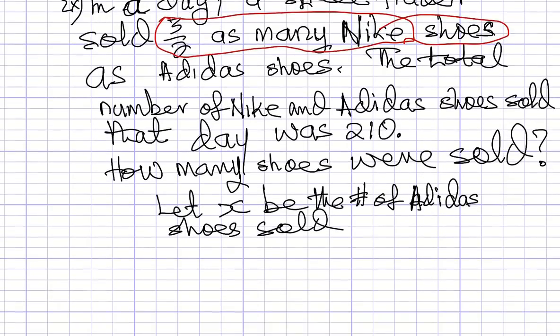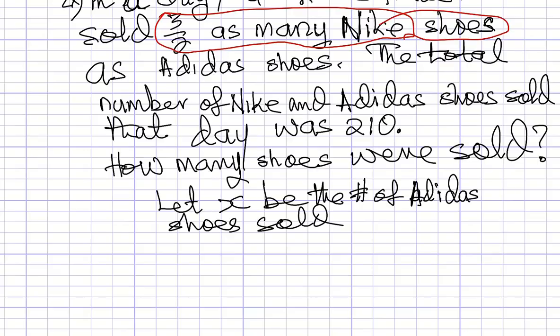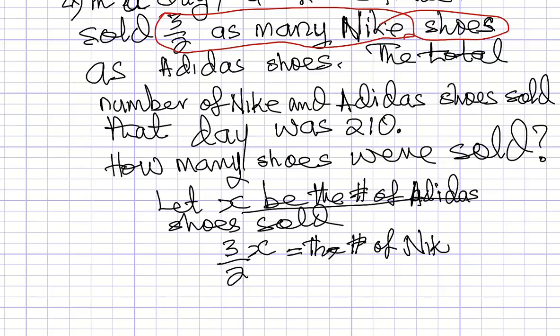So if that is Adidas, then 3/2 x is the number of Nike shoes sold that day. That's what that means.